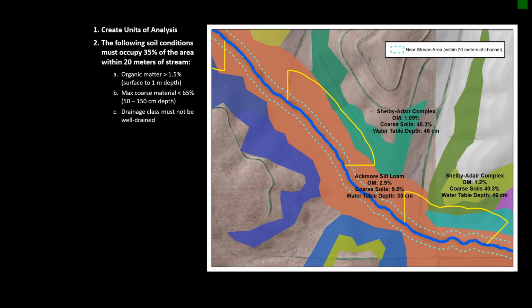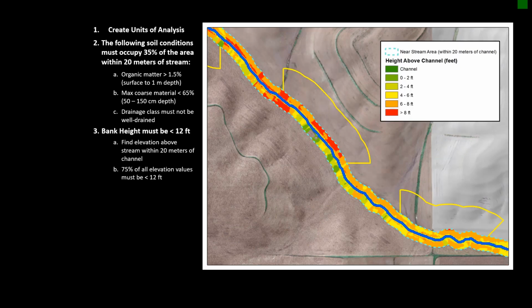And the drainage class must not be well drained. The next criteria is bank height, and bank height must not exceed 12 feet in height. This is tested by finding elevations above the stream within 20 meters of the channel. This is done to ensure stability if the area becomes completely saturated.